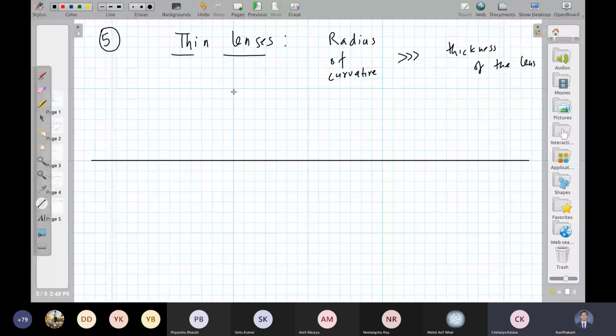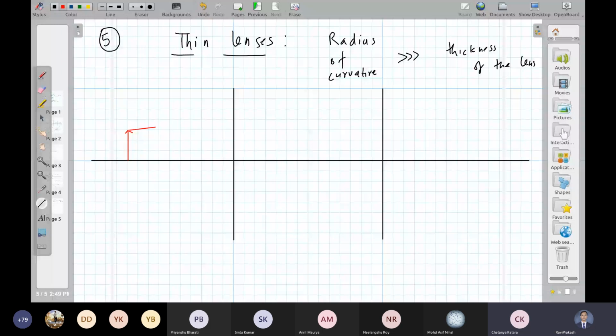So we have one lens here, and let me just define it by a line because I am neglecting the thickness of the lens with respect to the size of the lens. I will get some ray diagram. Let us say I have some object here, and for that object, let us say this is the path of light.